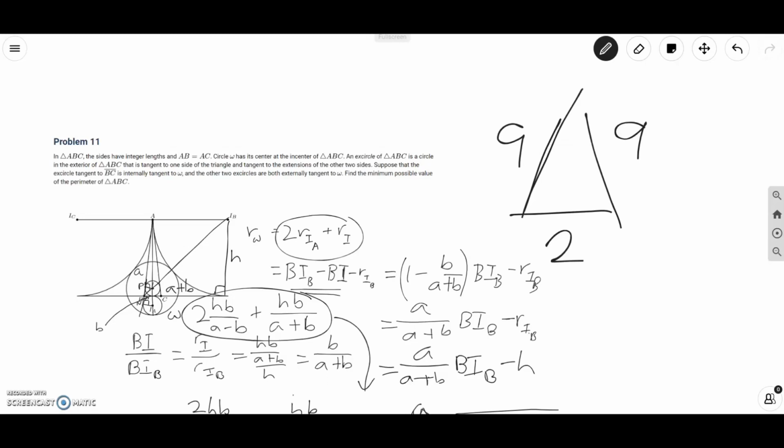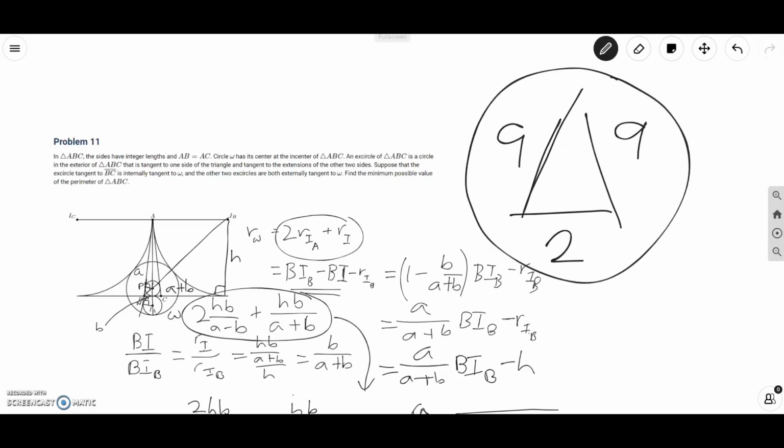Say if we try dividing this by 2, the legs of the isosceles triangle will become 4.5 and 4.5, which violates the conditions of the problem. And we can't divide it by anything else. So this is actually the minimal triangle that we can have.